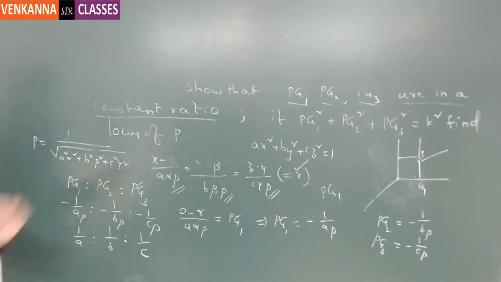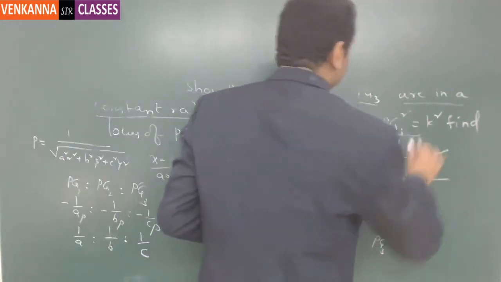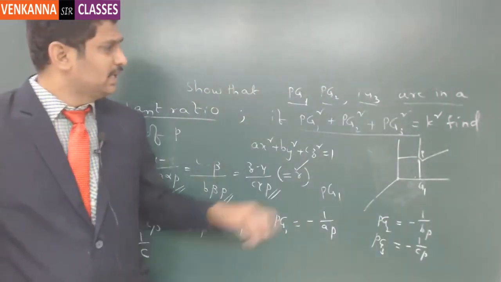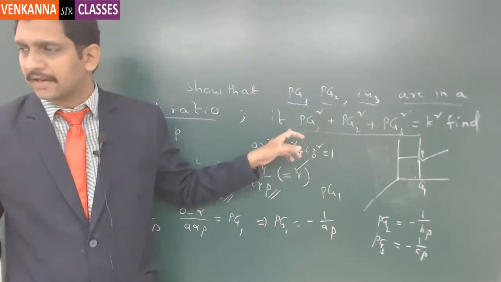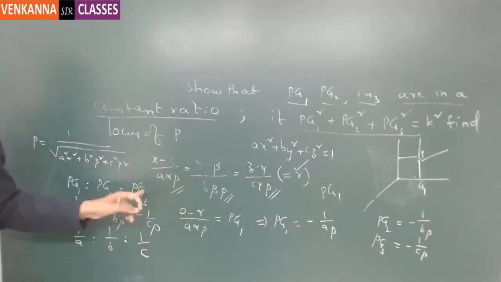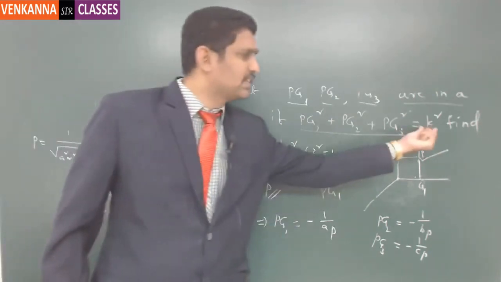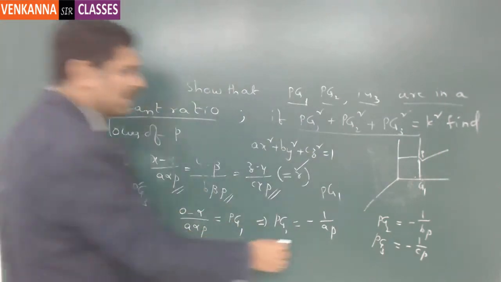Now coming to the second part of the problem, you are taking the sum of the squares of the distances here. So let us consider the sum of the squares of the distances. It is nothing but k square, as specified there. You have calculated the values earlier.